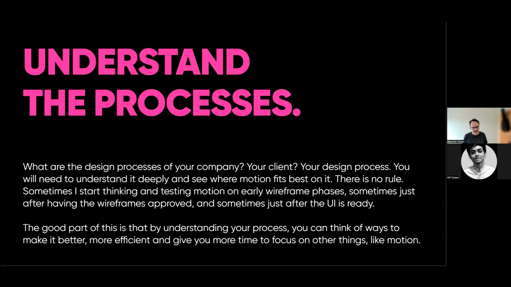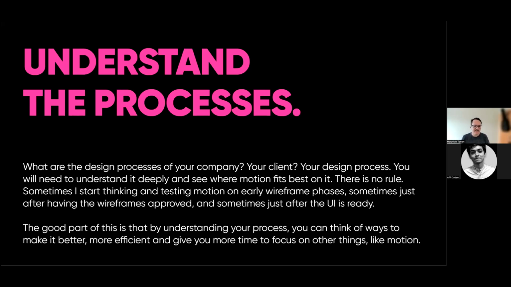Understand the processes. What is the design process of your company or your client, or your own design process? You need to understand it deeply and see where motion fits best in it. And there is really no rule, and it will vary depending on each project. Sometimes I start thinking and testing motion in the wireframe phase, sometimes before the wireframe, just to see if it will work or not.